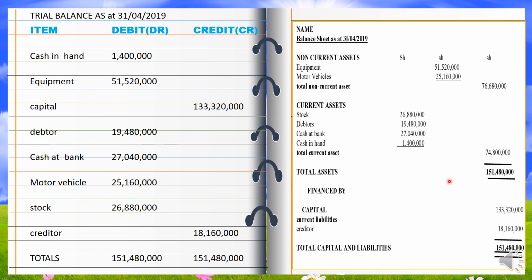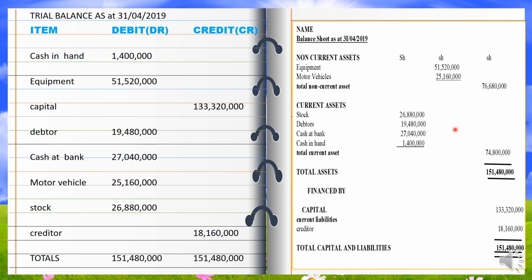So this is a very comprehensive analysis where we are moving all the way from trying to close off our accounts, and then by closing off our accounts, we are able to get those balances, and then we come up with a list of balances which we are calling the trial balance. And then from those various balances that we have within our trial balance, we can come up with our comprehensive balance sheet.